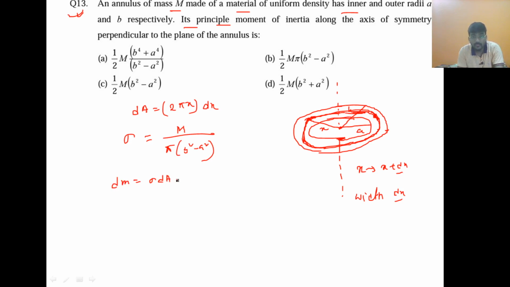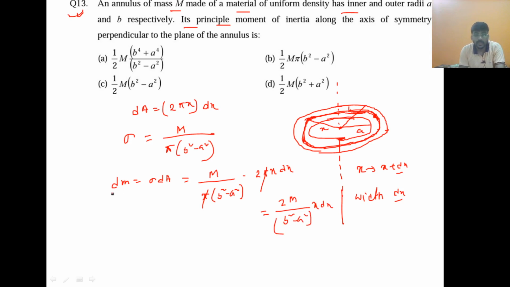So you can put the value of sigma and dA. So sigma is M divided by pi into b square minus a square, and dA is 2 pi x dx. So pi will cancel out, it will be 2M divided by b square minus a square into x dx.